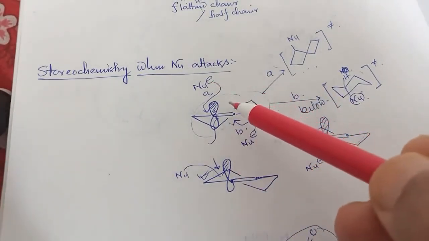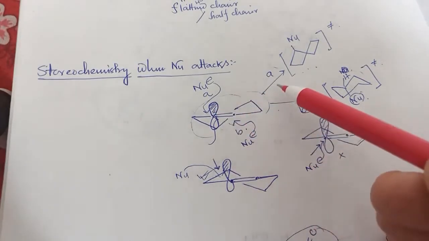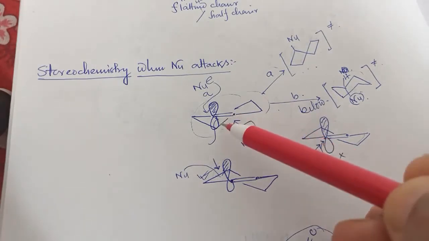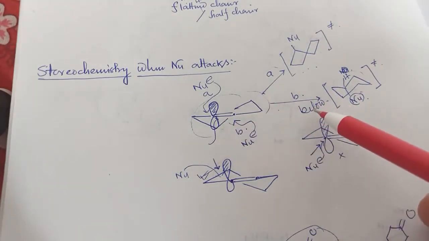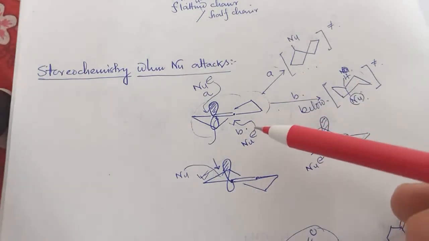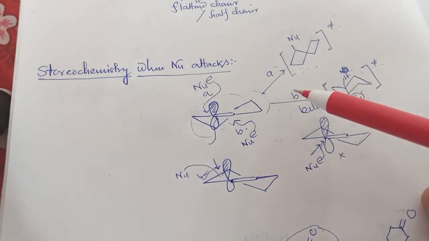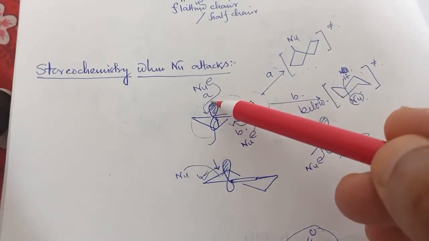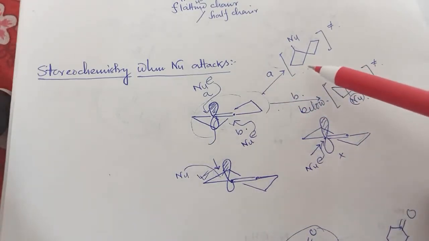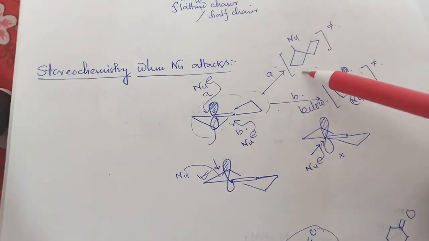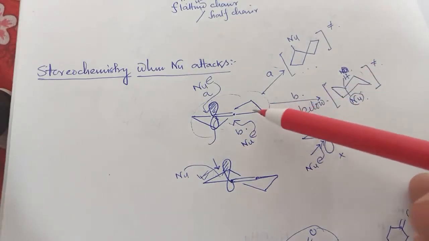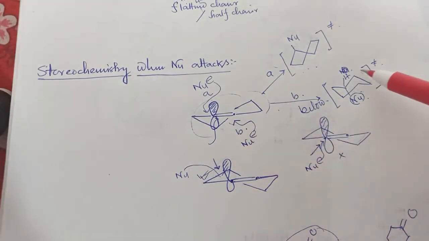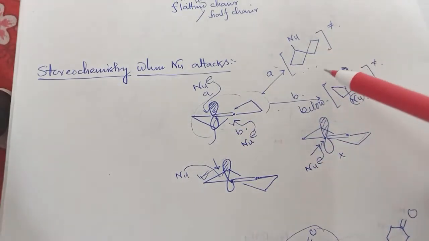The nucleophile can add here, that is path A, or the nucleophile adds from the bottom side, that is path B. So which is more feasible? We have to understand it. If the nucleophile comes from the above side, that is path A, the transition state will be like a twist boat. And if the nucleophile comes from the below side, the transition state will be like a chair. You can see the difference.